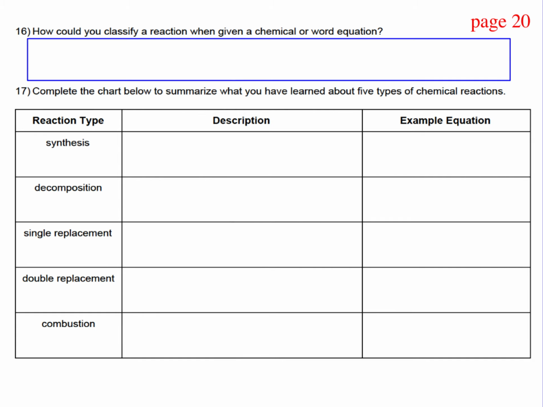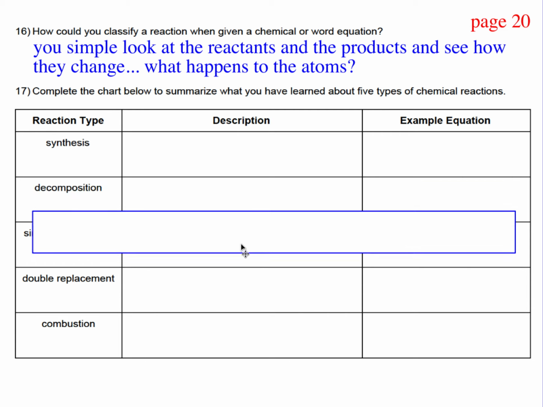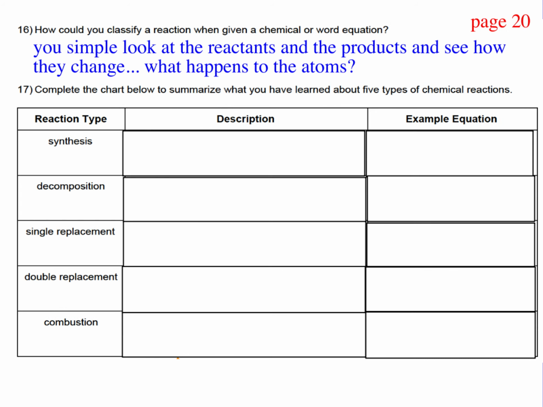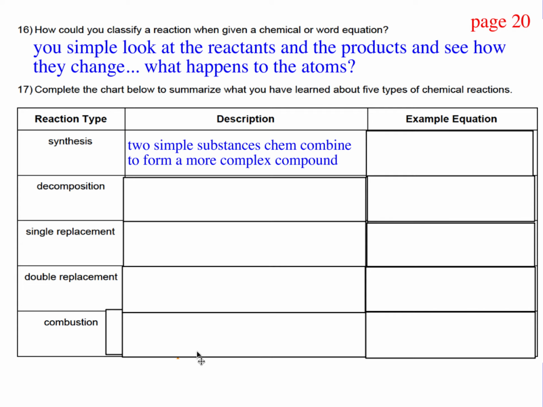All right. So how would you classify a reaction when you're given a chemical or word equation? Let me switch my tools here. You simply look at the reactants and the products and see where they go, and what happens to the atoms, what happens to the different elements. So in this case, a synthesis is where two simple substances chemically combine to form a more complex compound.